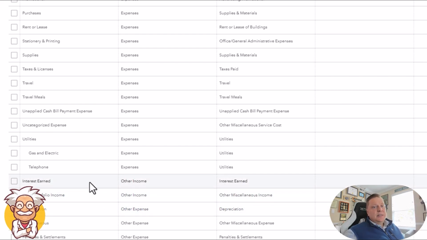Other expenses are items such as depreciation or amortization, and that would show up under here, other expenses. You may have penalties or settlements from lawsuits that aren't typically part of your operating expenses. Then you would put them down here under other expenses.